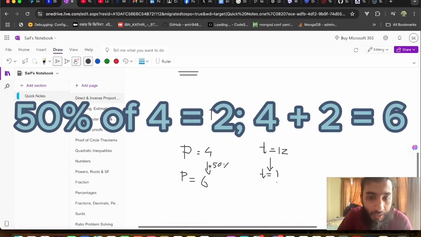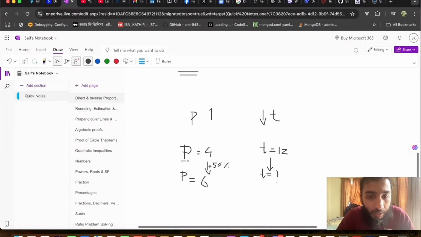The value of P has increased 50% from 4 to 6. So the variable T should decrease 50% from 12.